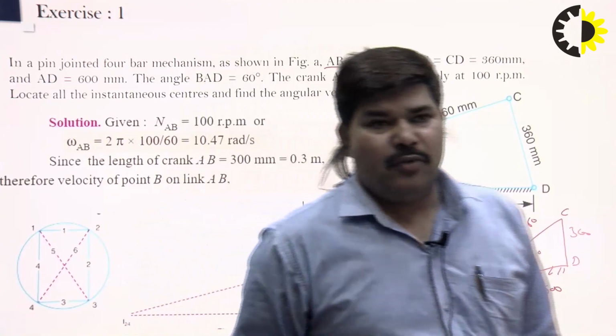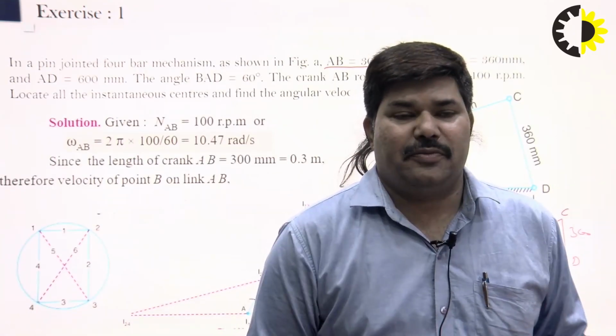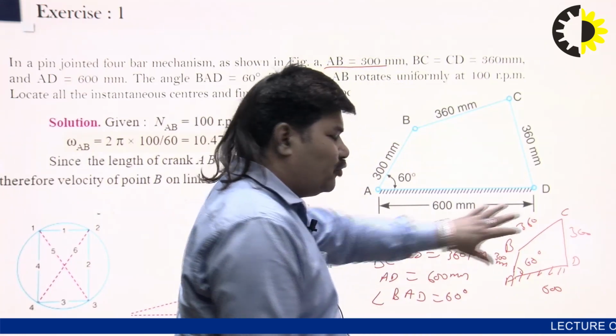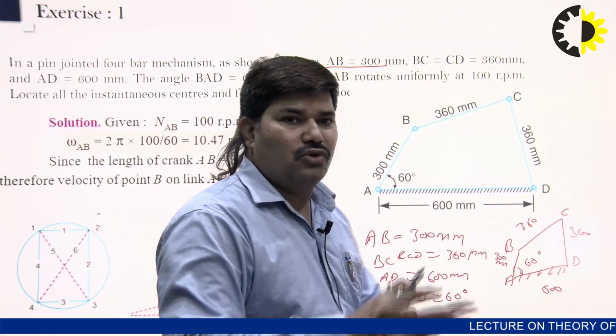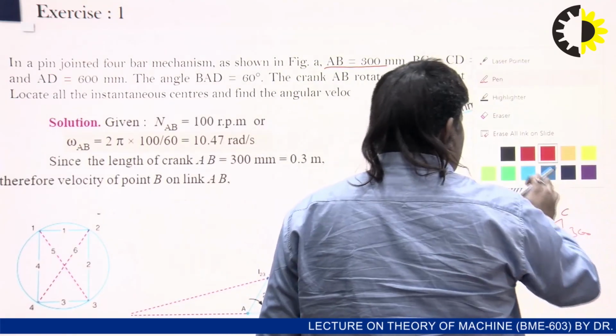This is the general type, but what is the basic process to draw this 4-bar mechanism to real scale? I'll show how to draw it, so first of all I erase this and then we'll discuss.